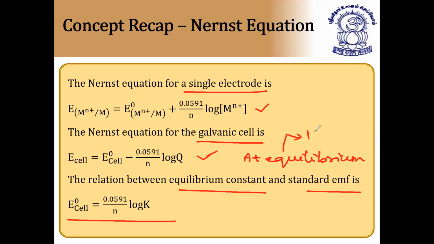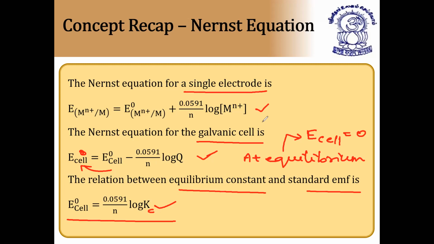Since E of cell is equal to 0, E degree of cell comes to this side, then minus minus gets cancelled. So the equation is E degree of cell is equal to 0.059 by n into log base 10 Kc, that is the equilibrium constant. In this way, we find the equilibrium constant by using the Nernst equation.